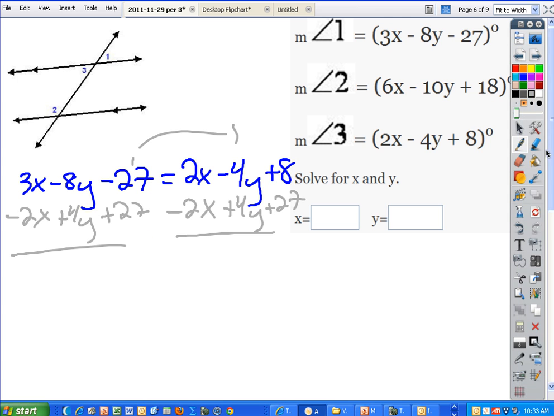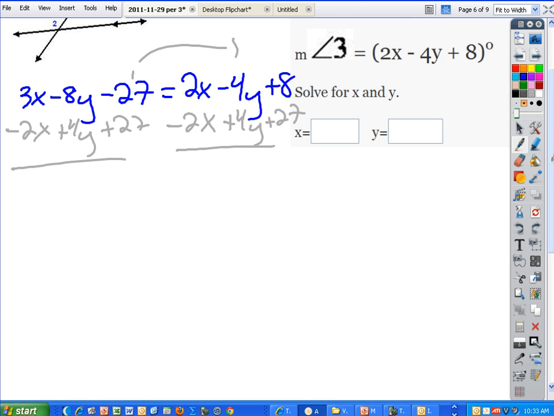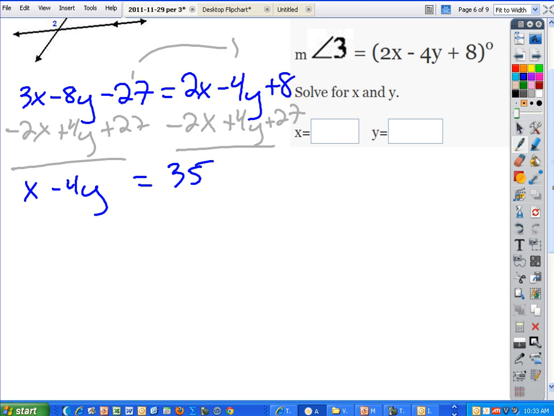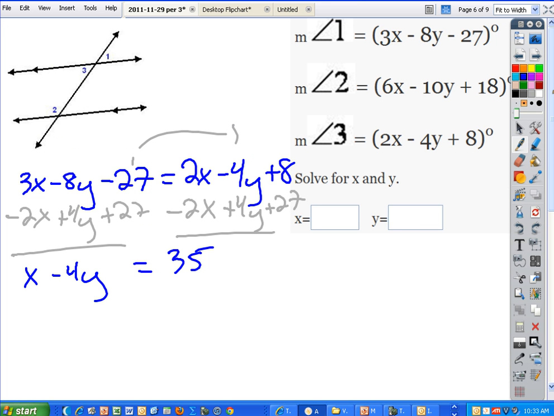What do I get for my equation then? Looks like x minus 4y equals 35. So there's one equation, right? The other one I get back is, how about if I do something like 2 and 3 are supplementary? Good, okay.